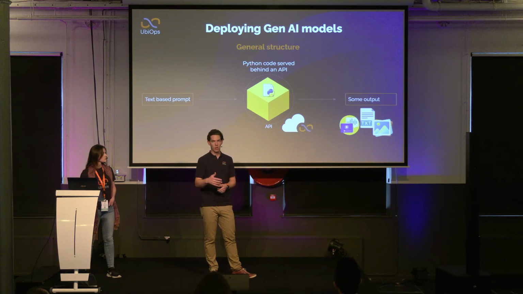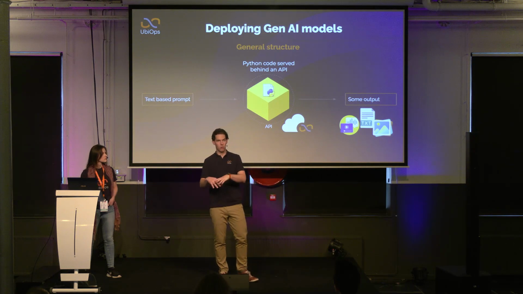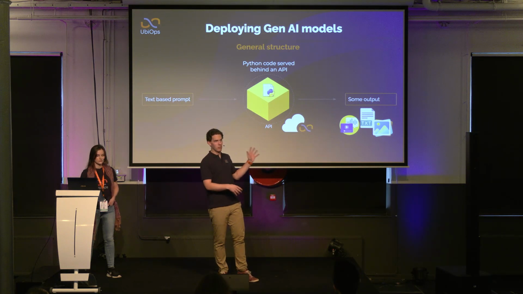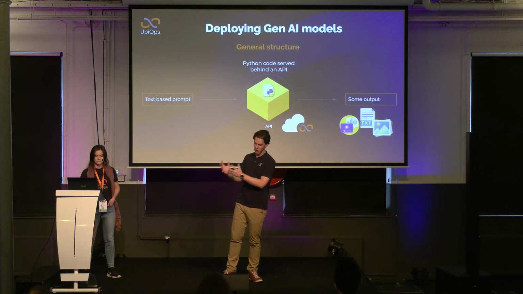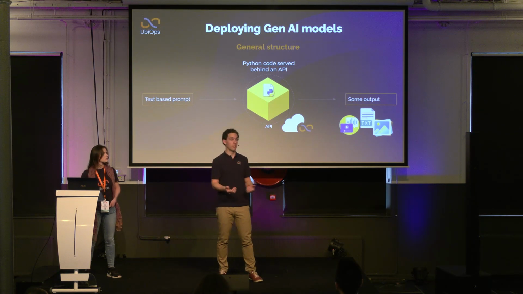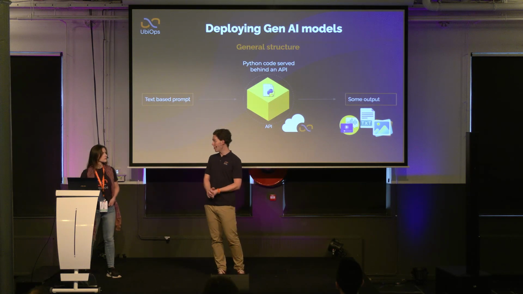So as a user, you ask a question to something like ChatGPT, or you ask Stable Diffusion to draw a picture of something. And what we're focusing on today is how do we get this GenAI model containerized and deployed in the cloud, so we have an API endpoint where we can send those prompts to, and also get the output, which is the generated content, a piece of text, or in this case, an image.